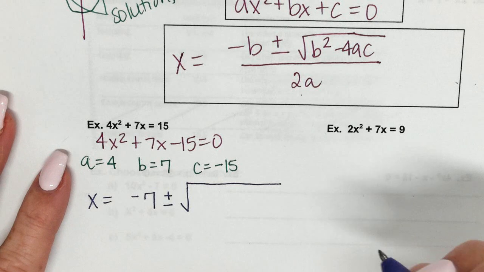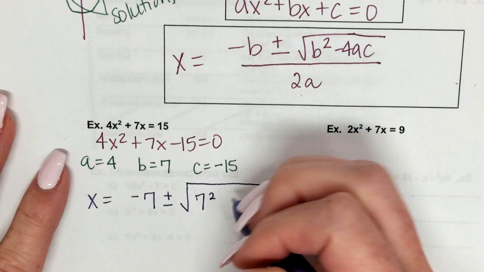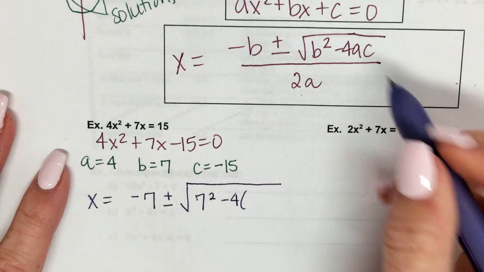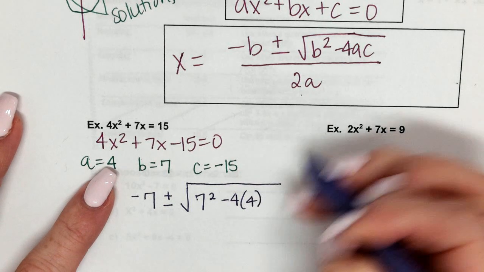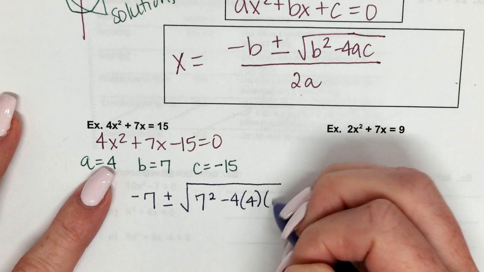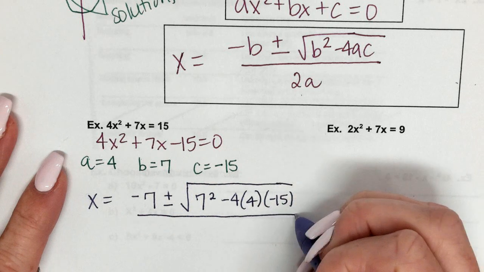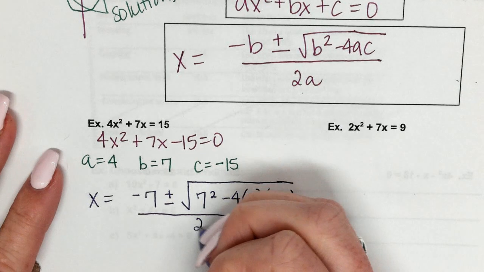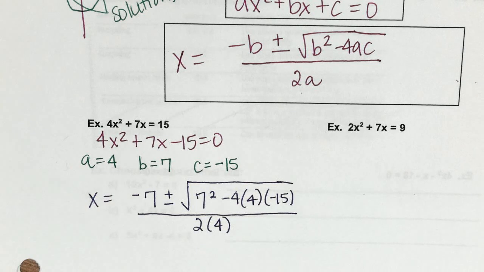So 7 squared minus 4 times a, what's a? 4, times c, what's c? Negative 15, all over 2 times a, 2 times 4. And our calculator will do all the work for us. We just have to put it in.